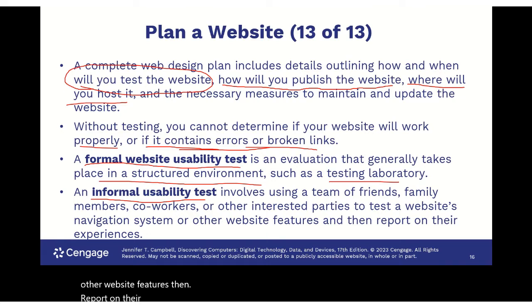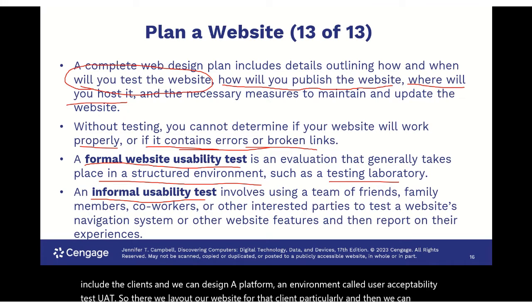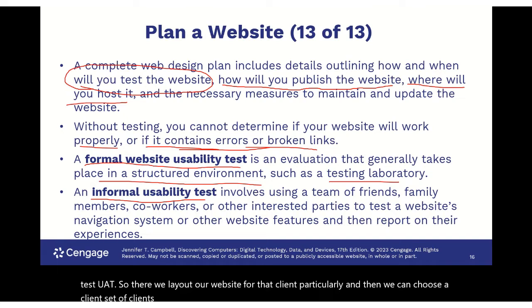Sometimes, when we work for an organization, we may include the clients, and we can design a platform, an environment called user acceptability test, UAT. So there we lay out our website for that client particularly, and then we can choose a set of clients and point them to the UAT and ask them their feedback.